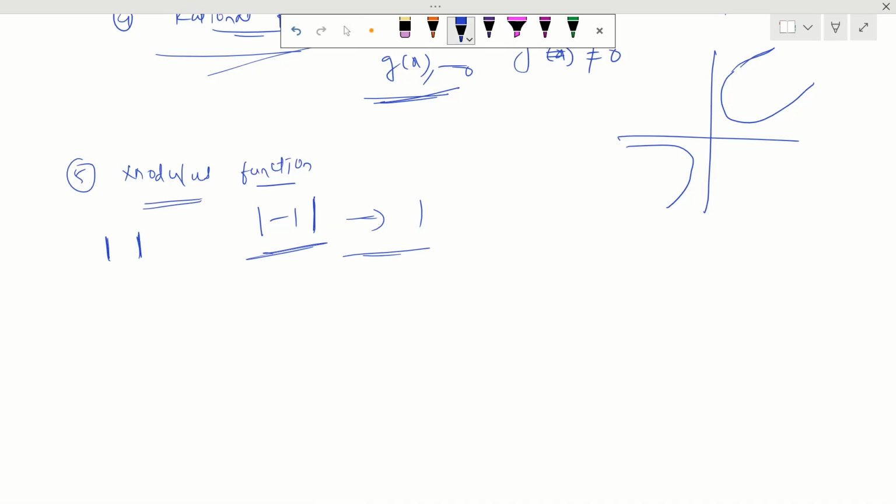Here the function f of x is equal to modulus of x, and we have a function relation on real numbers.